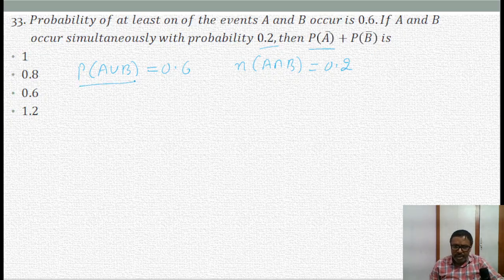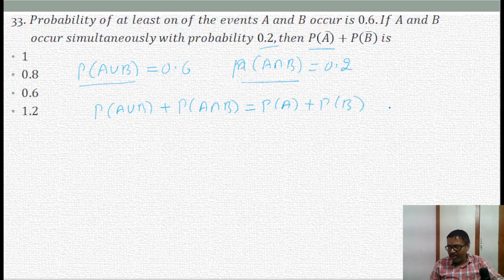With P of A union B and P of A intersection B, we have only one result, that is P of A union B plus P of A intersection B is equal to P of A plus P of B. Otherwise you can shift this P of A intersection B. You have used the formula P of A union B is equal to P of A plus P of B minus P of A intersection B. Here this value is 0.6, this value is 0.2, but actually we need to find the complement of A probability.